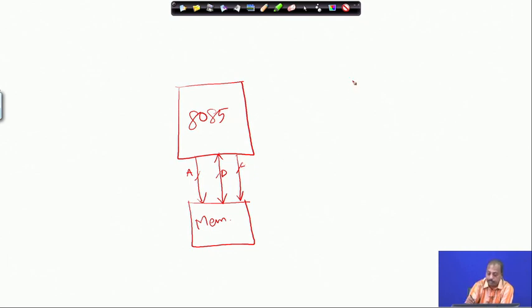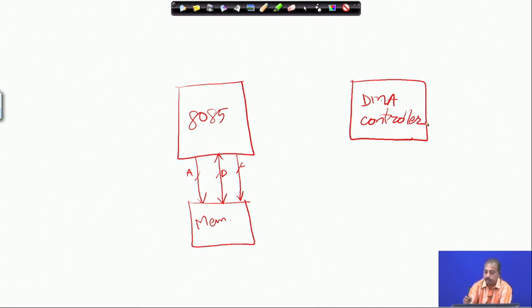Now, if there is another chip, so this is the DMA controller. There are some standard chips available, and several such chips are available. The DMA controller also has address, data and control lines, so they can be connected to the DMA controller.